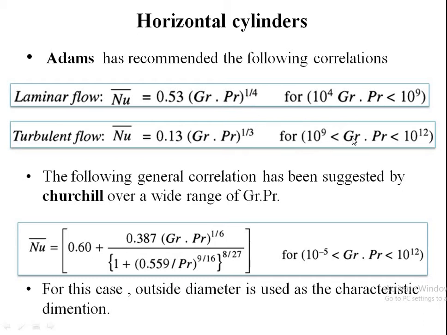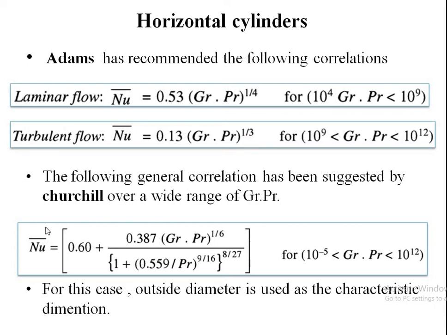And if the product of Grashof number and Prandtl number is greater than 10 raised to 9 and less than 10 raised to 12, then that flow will be considered as a turbulent flow. Then the average Nusselt number is equal to 0.13 into bracket Grashof number multiplied by Prandtl number raised to 1 by 3.